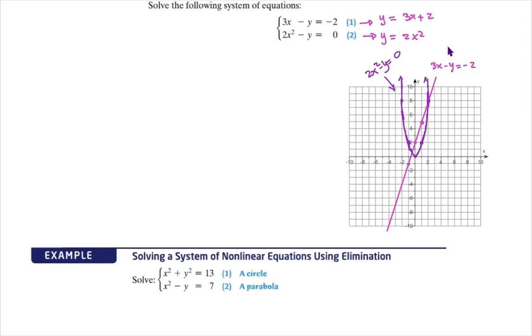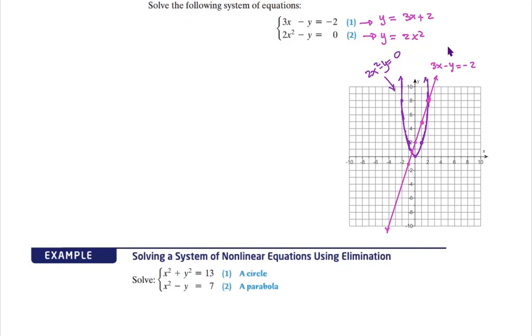Okay, so now you can locate your solutions. There is a solution here, and we have an idea of what it could be. And also we have a solution right here, that's x equals 2 and y equals 8. So we have two solutions. These are the things that we're going to look for.